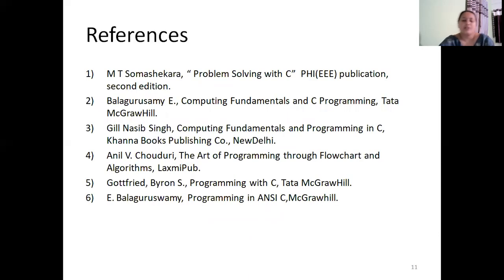So these are the basic symbols which are used in flowcharts. Apart from these, there are special symbols also available in flowcharts, but to write simple flowcharts, these symbols are good enough. Thank you.